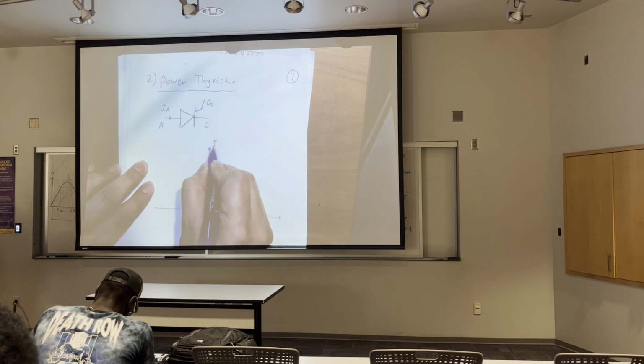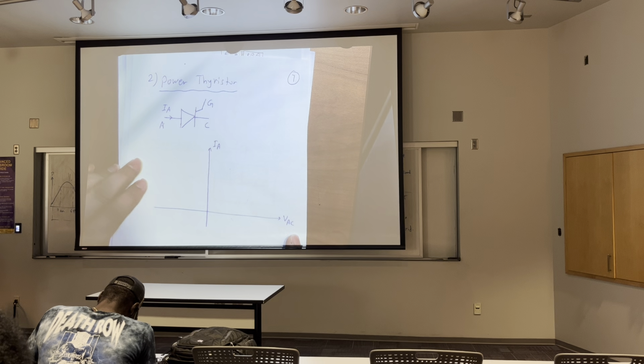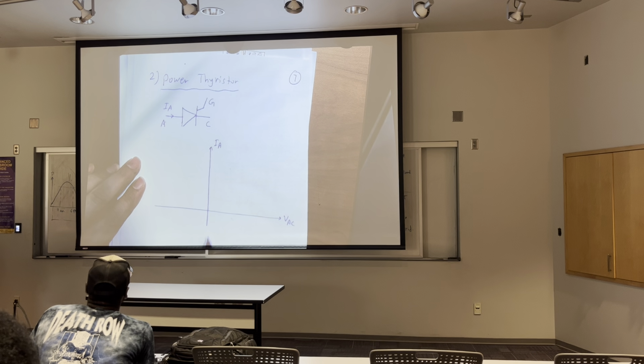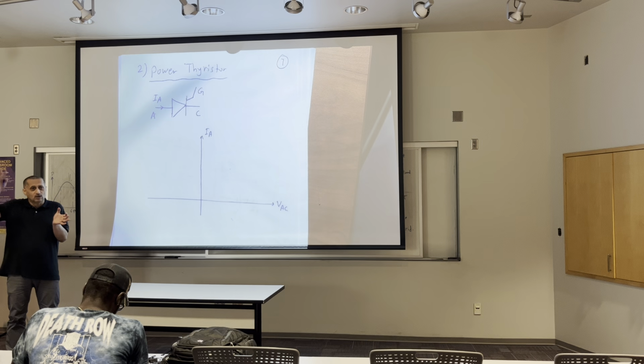The relation between IA and VAC, the voltage between anode and cathode. In the forward bias, the diode will be on.